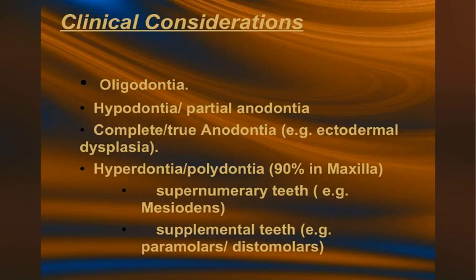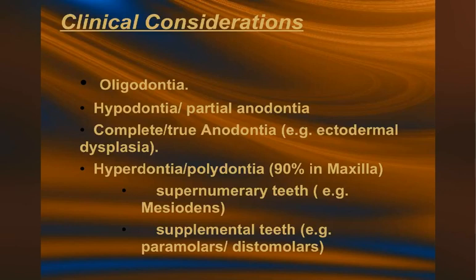And partial anodontia has two terms: oligodontia or hypodontia, depending on how many teeth are missing. Hypodontia, if the number of missing teeth is up to 5, 1, 2, 3, 4, 5, excluding third molars, then it's called hypodontia.